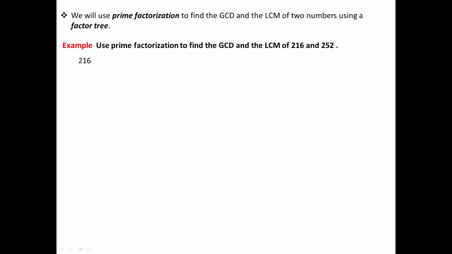So we can write 2 and 108 as the first two branches of our factor tree. Notice also that 108 is divisible by 2, and when we divide 2 into 108, we get 54. That means that 2 times 54 is 108. Therefore, 2 and 54 are factors of 108, and can be put on our factor tree.